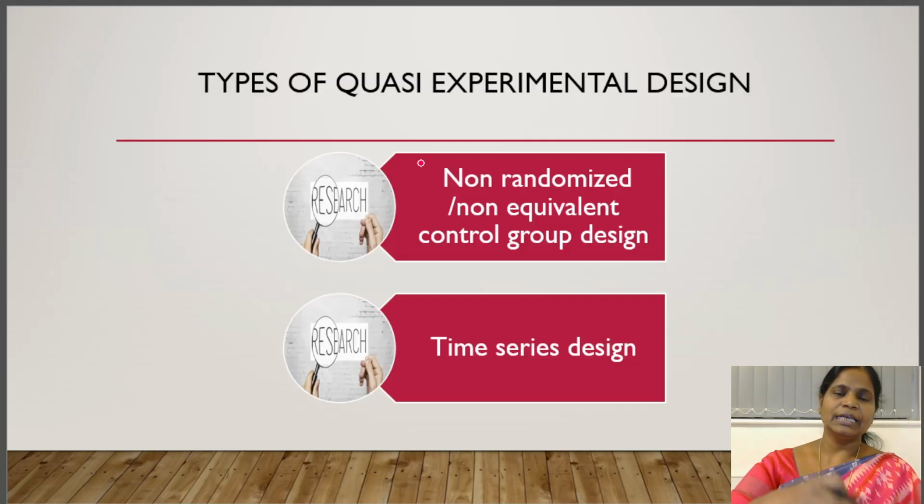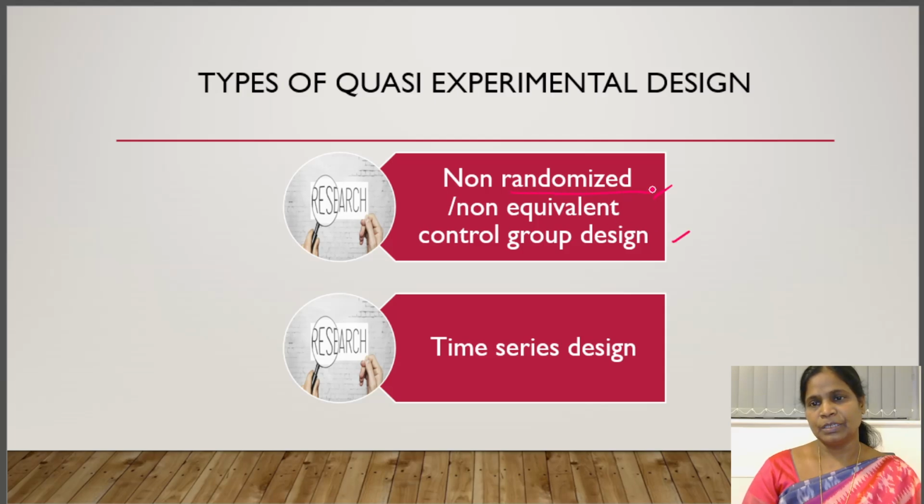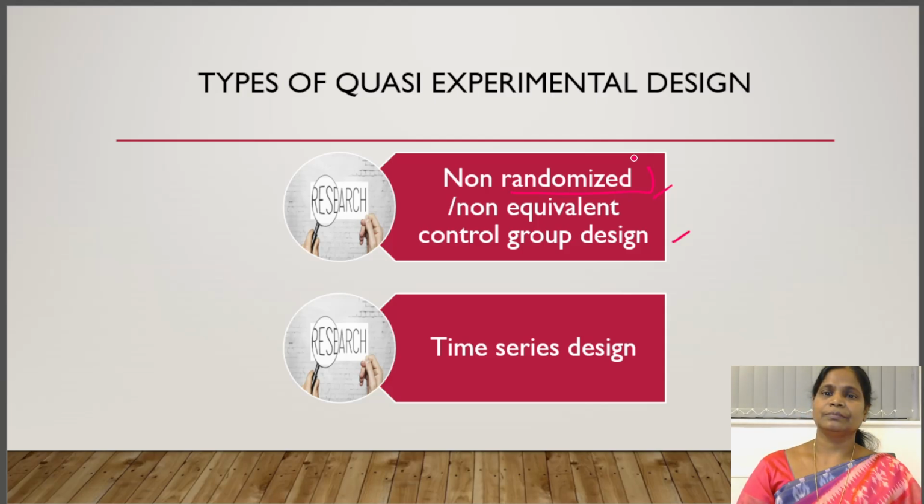Some of the designs involved here are the non-randomized, non-equivalent control group design. Here the sample will not have equal chances, which means objectivity sometimes might be missing. Then we have another one called the time series research design.